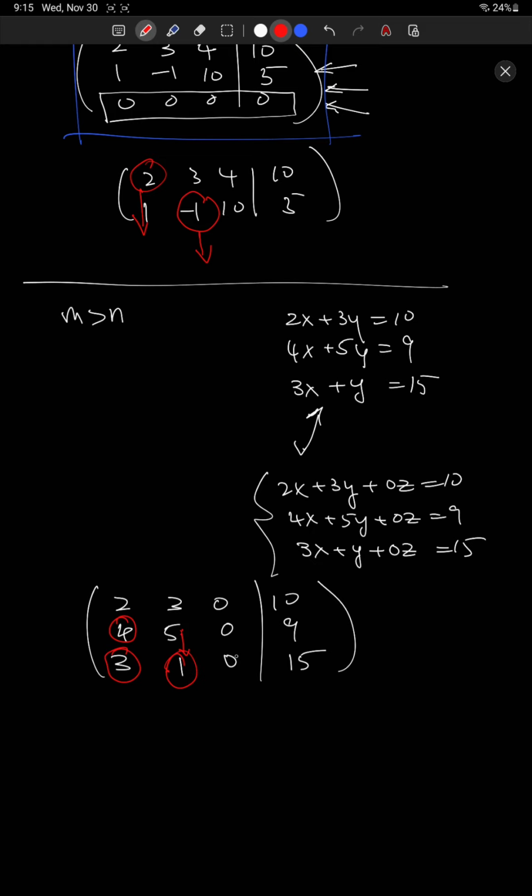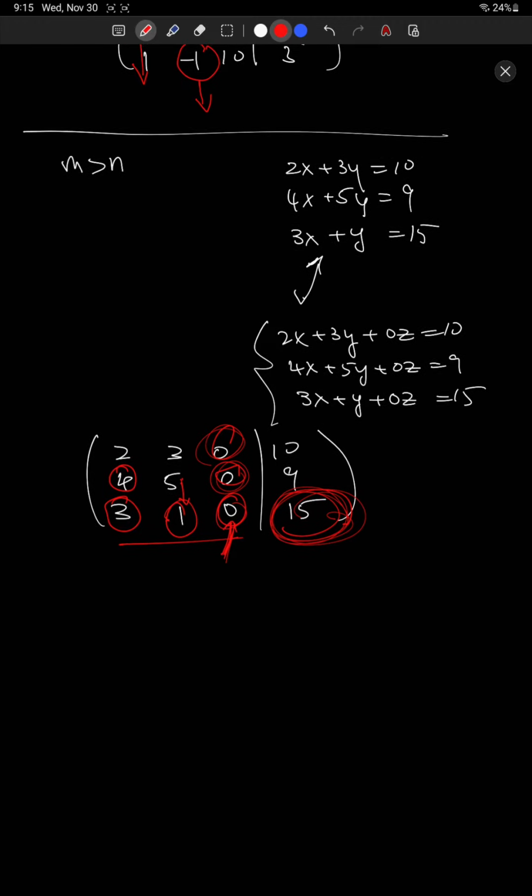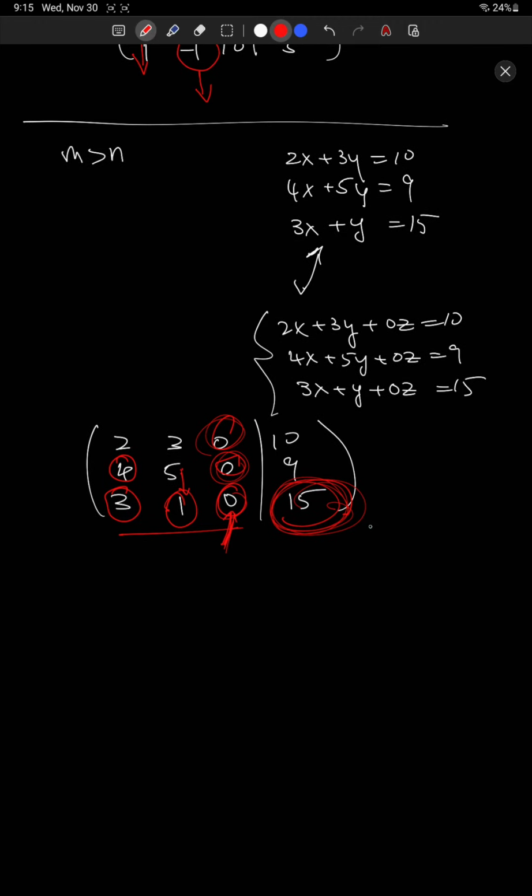And because this column is always 0, no matter what operations you do, this last term is going to stay 0 forever. The second to last term is also 0, and that 0 is also going to stay 0. And so generically you're going to end up with 0 equals some number here, which is not 0. And so generically there'll be no solutions.